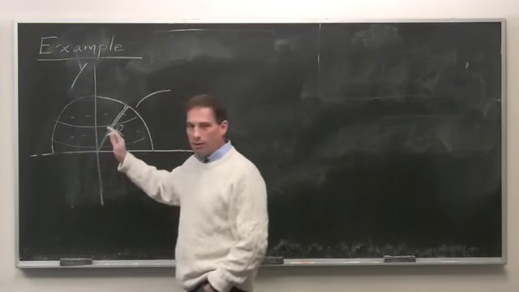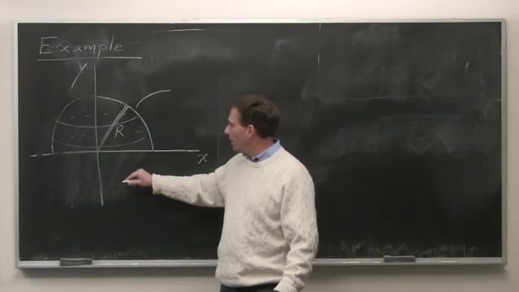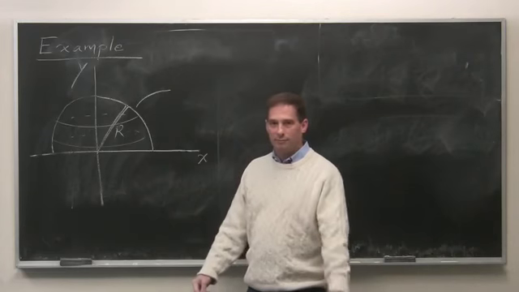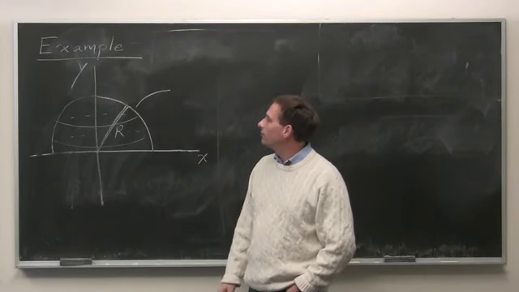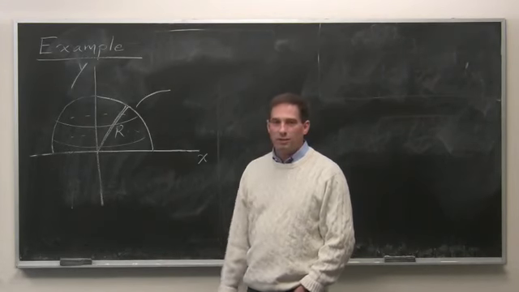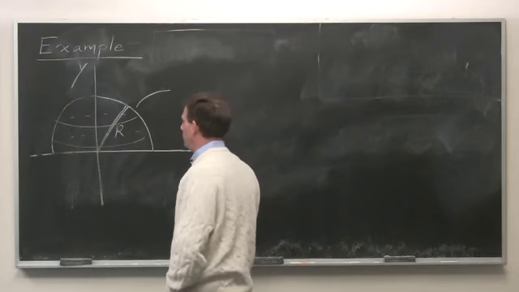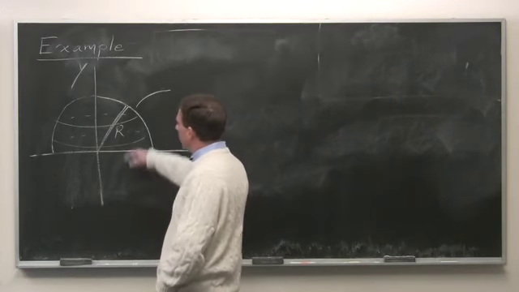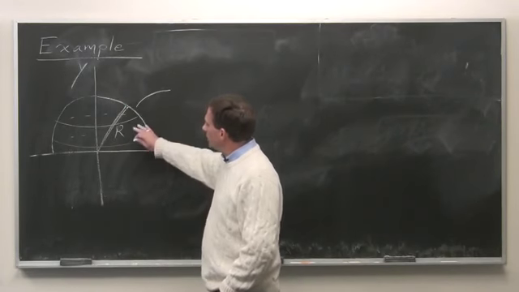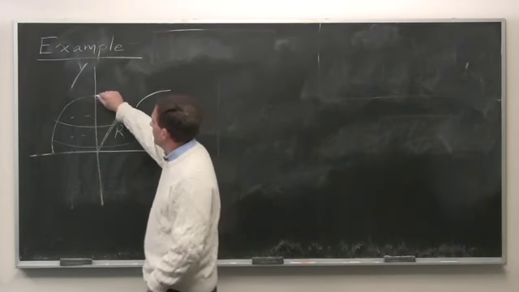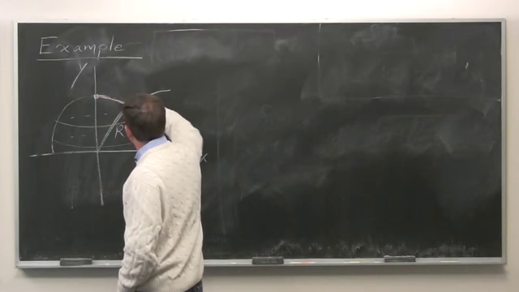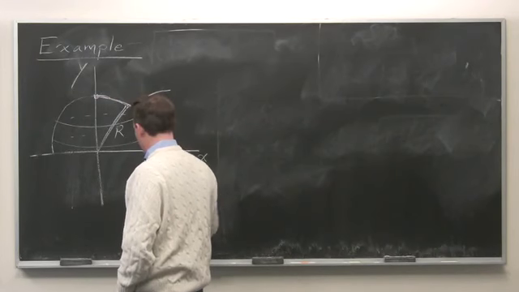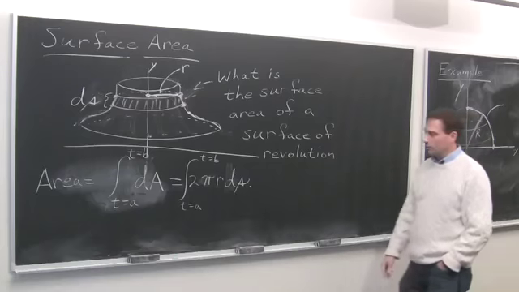We could do the whole sphere at once by revolving half a circle instead of a quarter of a circle, but there's no real point in doing that. So I'm going to calculate the surface area of the sphere by rotating this quarter of a circle around the y-axis.